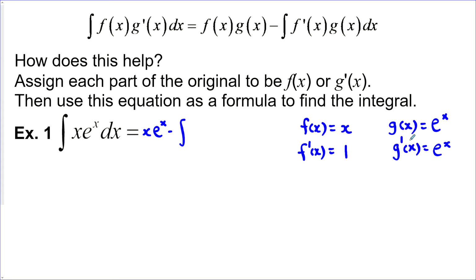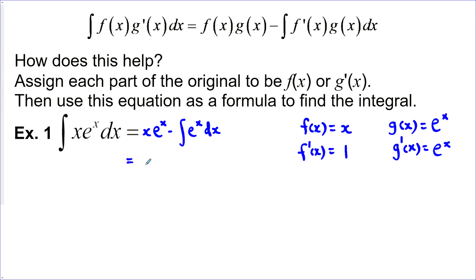G of x, that would be e to the power of x, and a dx here to end it all. Now you see that this integral is possible. In fact, it's really easy, whereas this one wasn't. And that is the whole point of integration by parts, is to take something we can't find the antiderivative of and change it into an integral that we can.